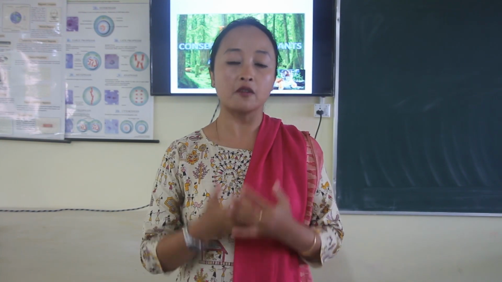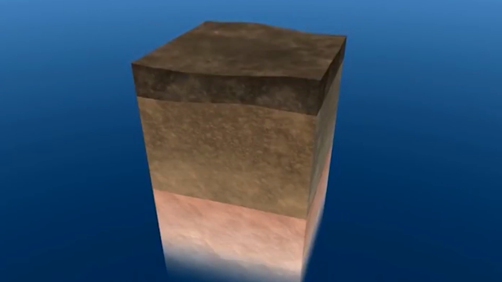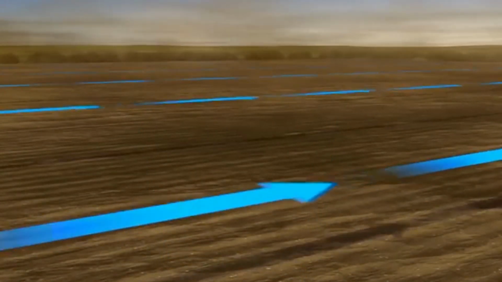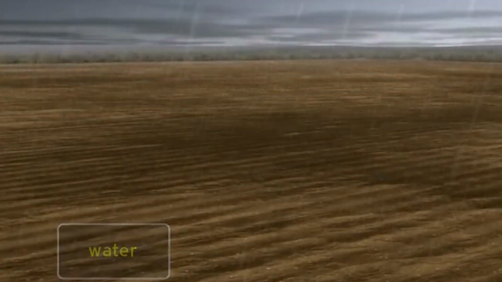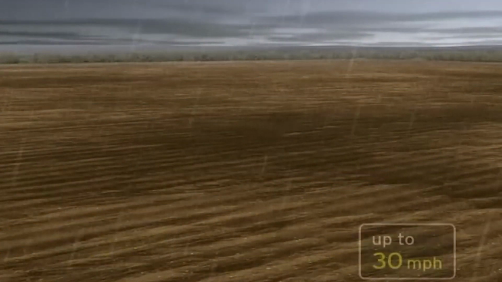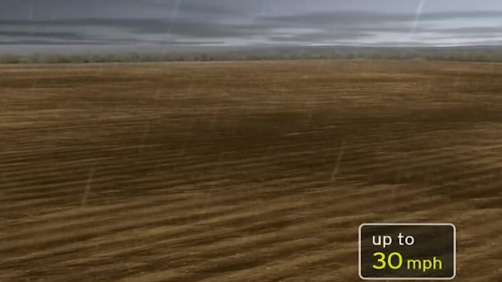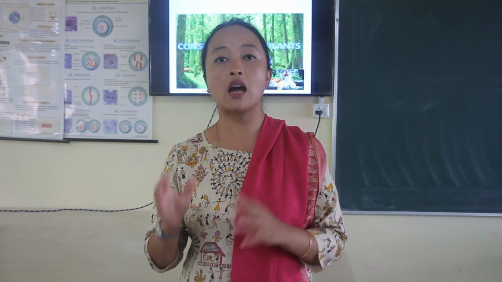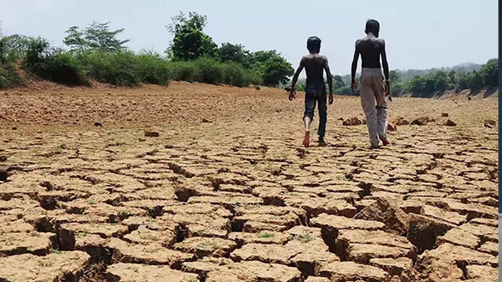Secondly, soil erosion. Now, in the absence of trees, the topsoil, which is the most fertile part of the soil, is getting eroded easily by strong wind or heavy rainfall, which exposes the rocky layer of the soil, which cannot support any kind of life. And that is slowly turning our lands into desert, and this is also called desertification.